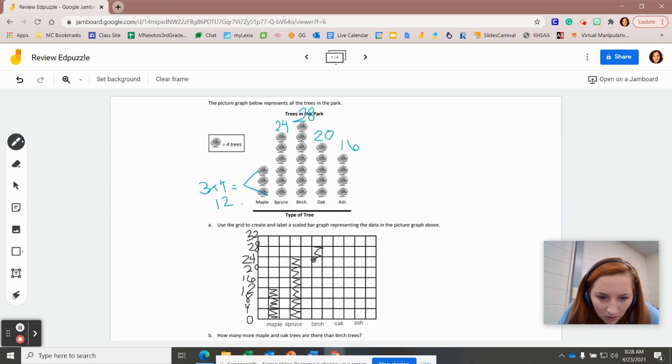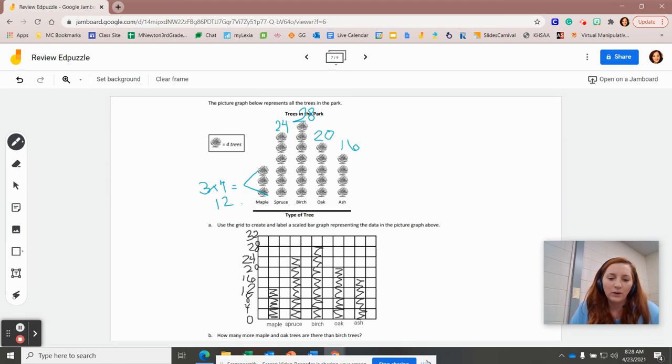So we're going to color all the way down again. Oak has 20. Find 20, which is right here. I color from 20 all the way down. And then ash, which is 16. Find 16, color all the way down. Okay, and there's my bar graph.